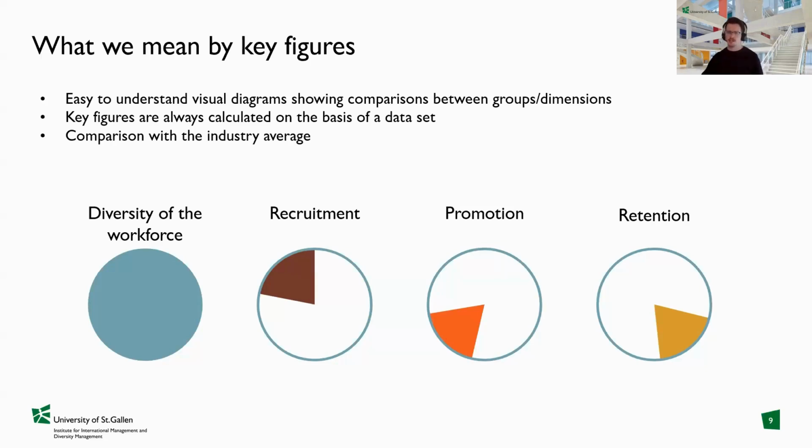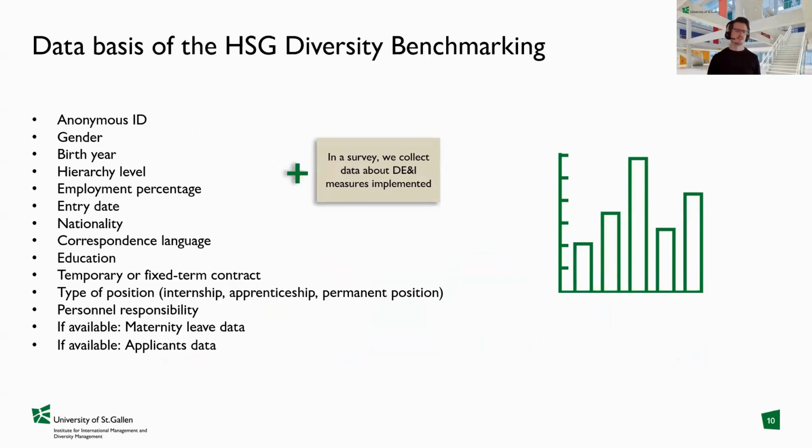The data that we analyze is pretty simple data. That's data that most likely every company can provide. So we have gender, birth year, hierarchy level, entry date, nationality, etc. And maybe if you already looked at this list, you might recognize easily that other relevant dimensions are not included, such as sexuality, religion, etc. There's a simple reason for that: such information is sensitive information.